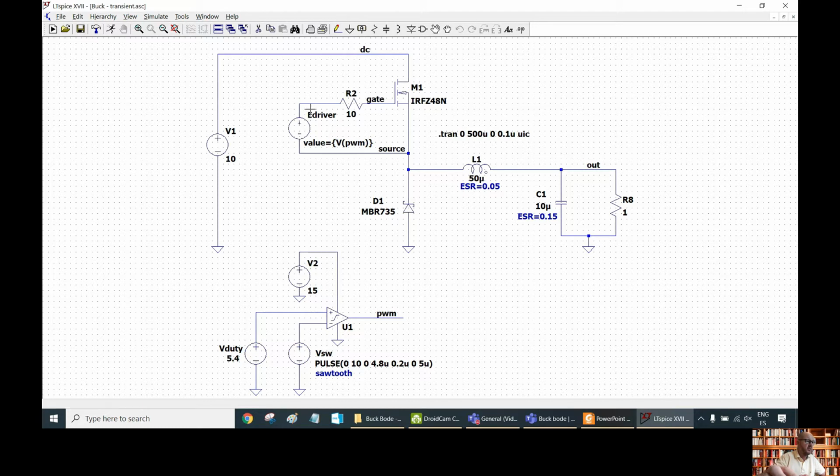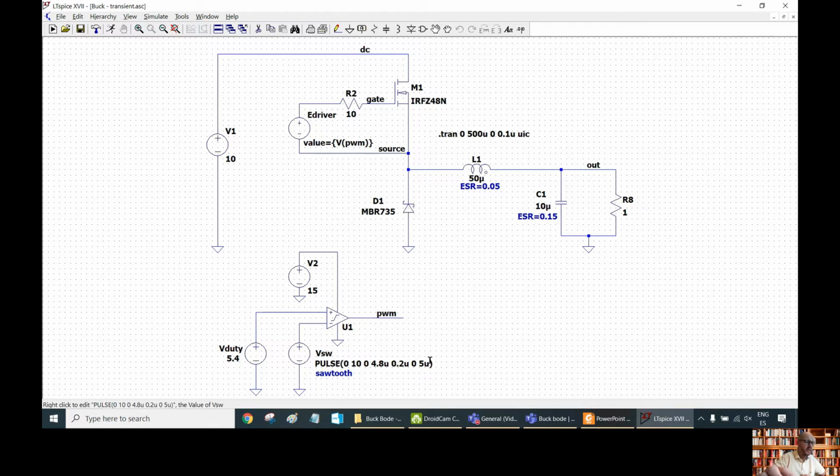And in order to generate the gate voltage here, we are comparing the constant value of the duty cycle, our signal V duty, compared with a ramp, generated like this.